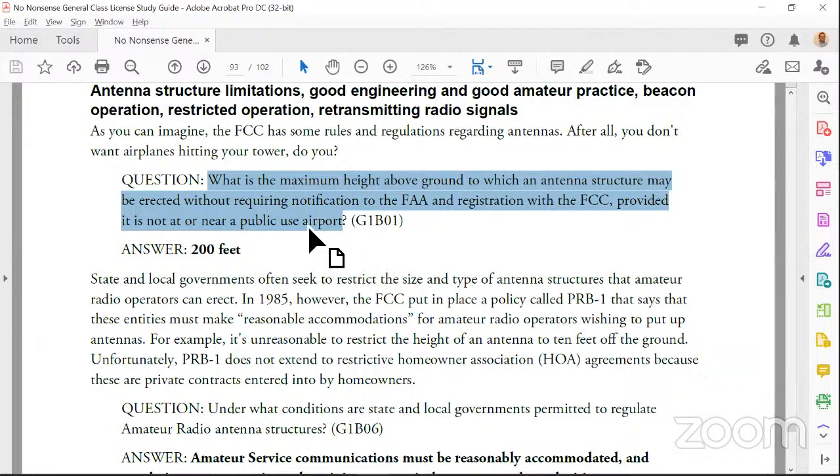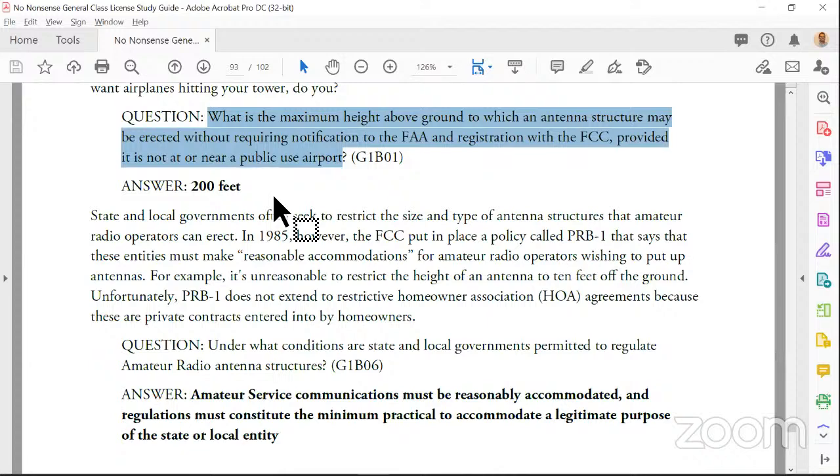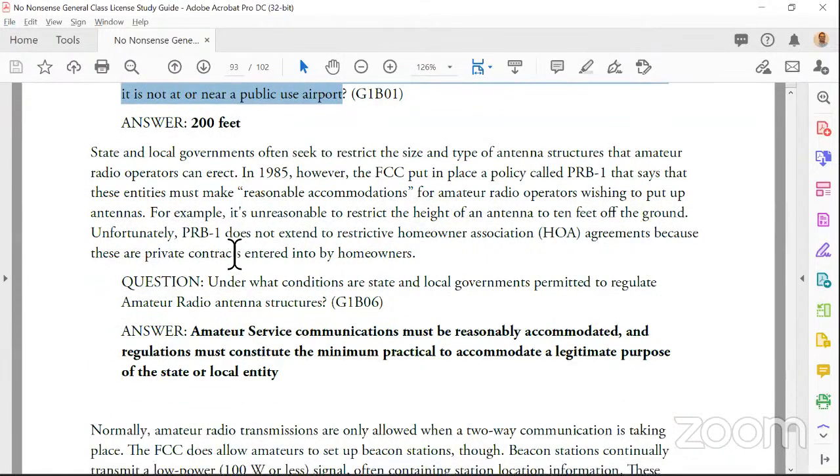So what they're asking is, when do we not need to seek permission from the FAA or the FCC as long as you're not near an airport? What's the maximum height you can go to without having to notify or register? The magic answer is 200 feet. So keep the tip of your antenna from the ground to less than 200 feet and you're good to go. You don't need to seek permission. If you're going higher than that, you need to notify and register.